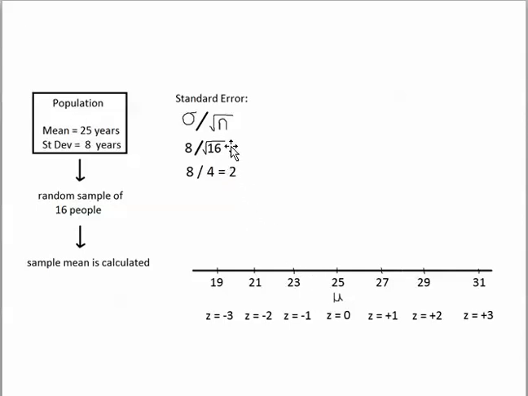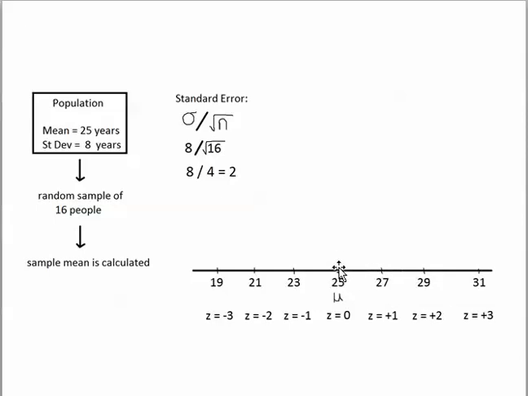Now let's talk about how the standard error fits in with this idea of a z-score. First, we need to realize that the population mean, which is 25, has a z-score of 0. And then if we go up by one standard error, which is 2, we get to our first z-score. This first z-score of +1 is one standard error above the population mean.